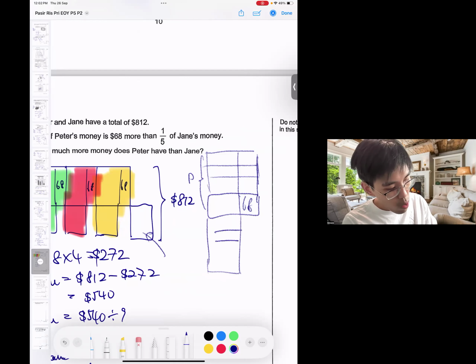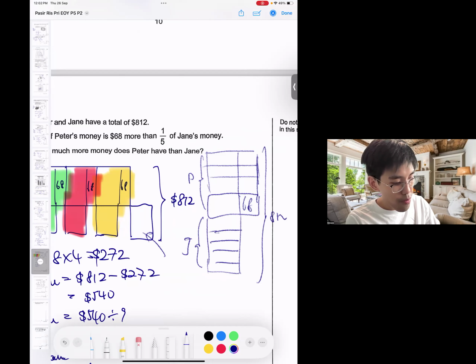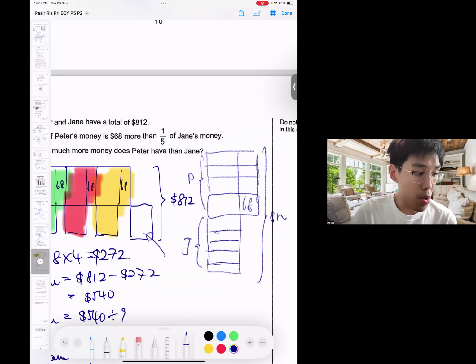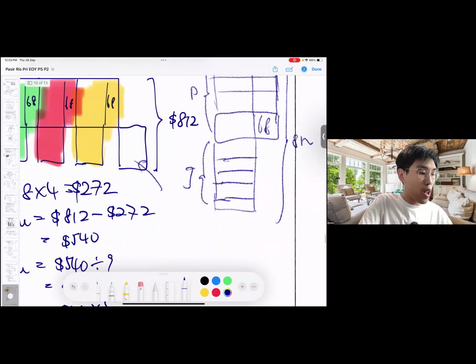So 1, 2, 3, 4, like that. Like that is 812. You will see the same thing anyway. But it's quite rare that we see vertical models. Never really need to use vertical models, unless the number of units is way too big, like 15, 20, 30, this kind of thing. Then you can consider this. 4 and 5 don't need. Okay, that's the idea. But good to know.